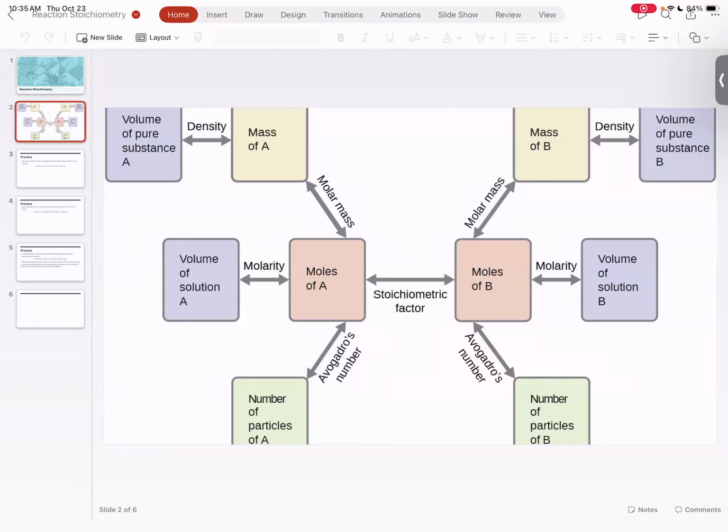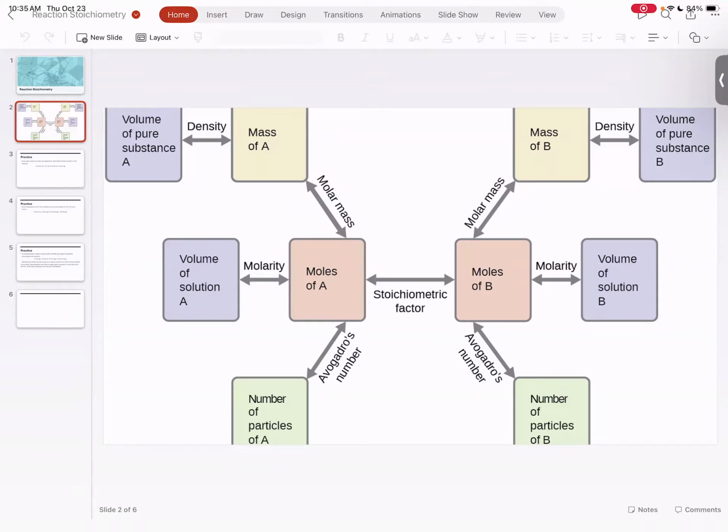I am going to print off a copy of this particular conversion flow chart. I gave you a conversion flow chart early on, but this one adds the density aspect to get to grams for the substance. But when we were developing the coefficients of the balanced chemical equation, we were developing another stoichiometric factor that allows us to go from moles of a substance to moles of another substance.